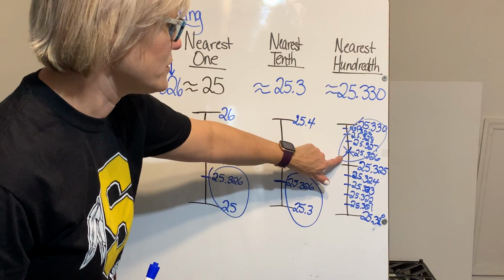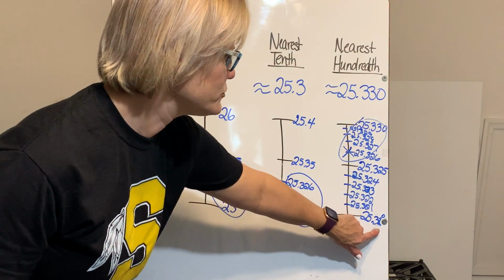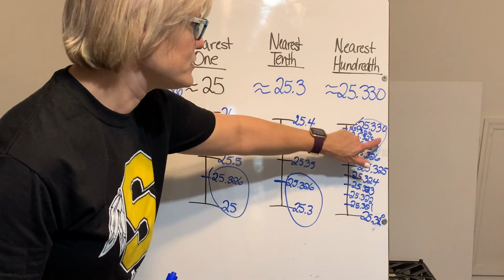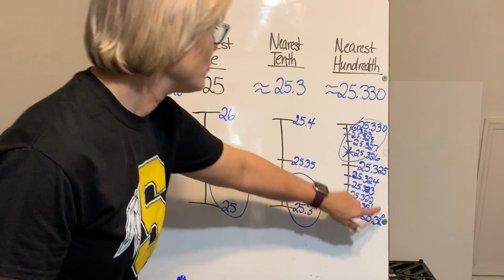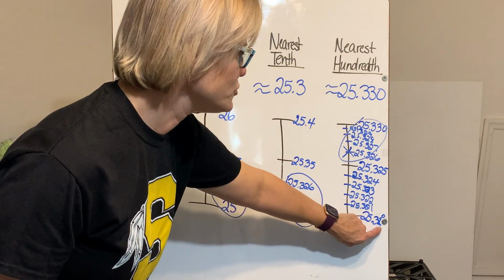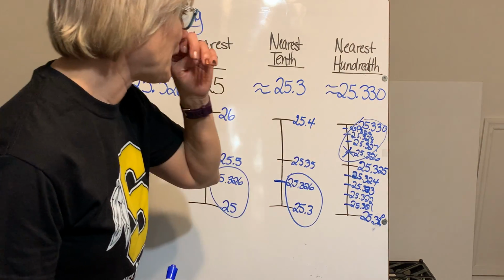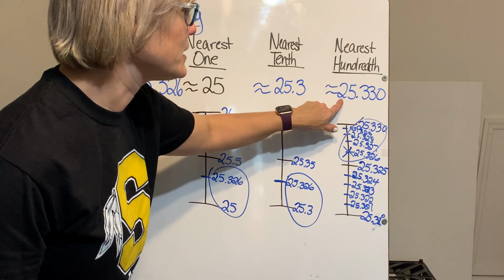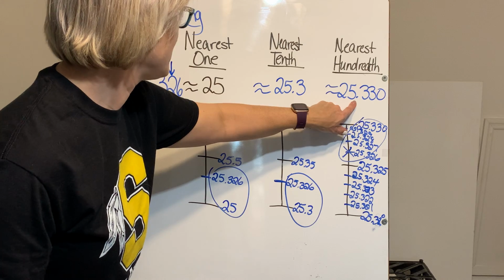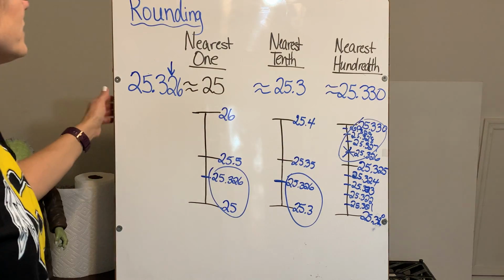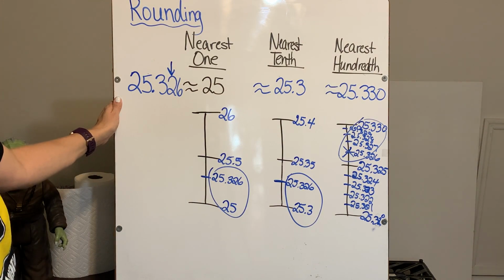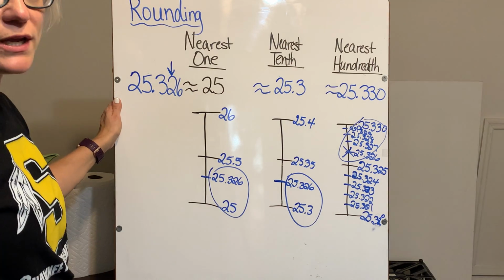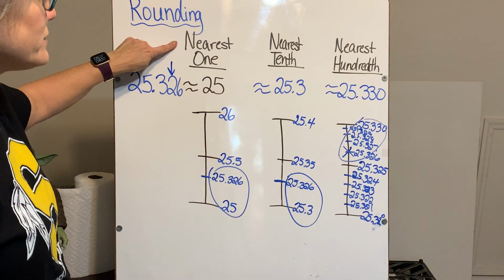It was in between 320 thousandths and 330 thousandths because we were going up by a hundredth. So it's closer to, or approximately, 25 and 330 thousandths.